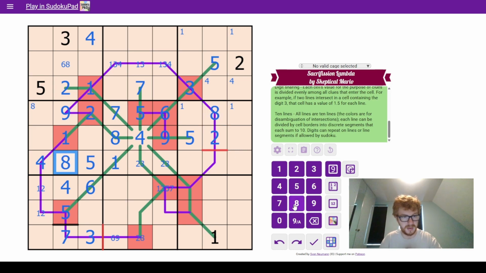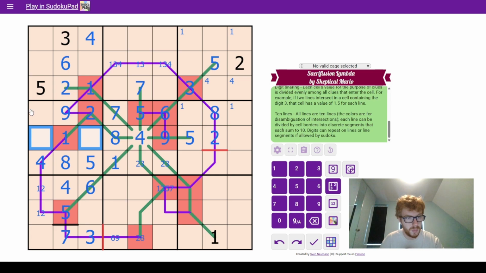So we know that that's an 8, and that's a 6. So this cell has to belong to at least that cell, but also that cell, right? Because no, not necessarily. That could be just a 9 or anything. Okay, that was a hasty deduction.